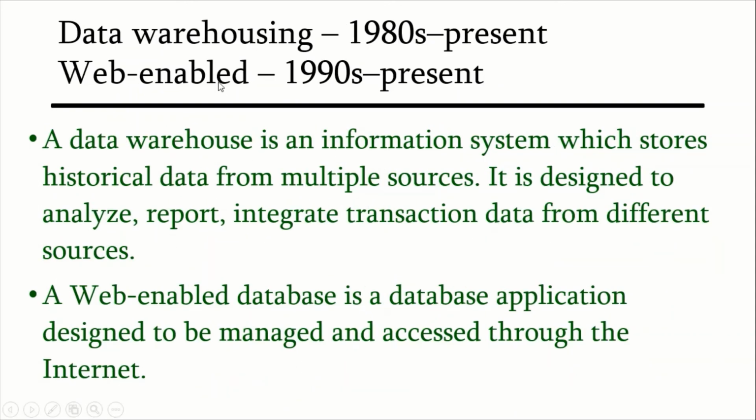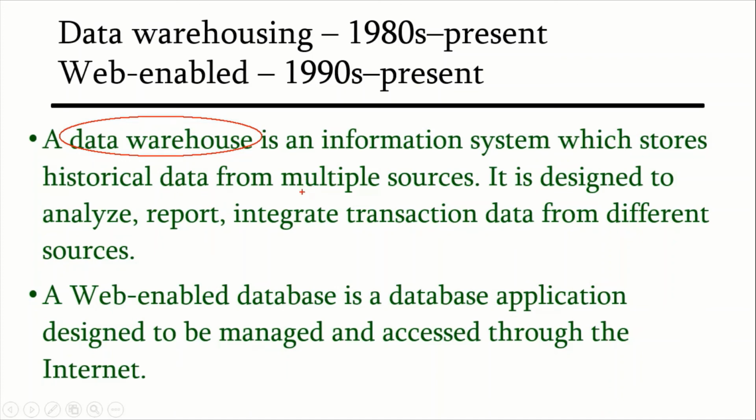And lastly, we see data warehousing and web-enabled databases. I'm just giving the outlines, the definitions. What is a data warehouse? The data warehouse is an information system which stores historical data from multiple sources.